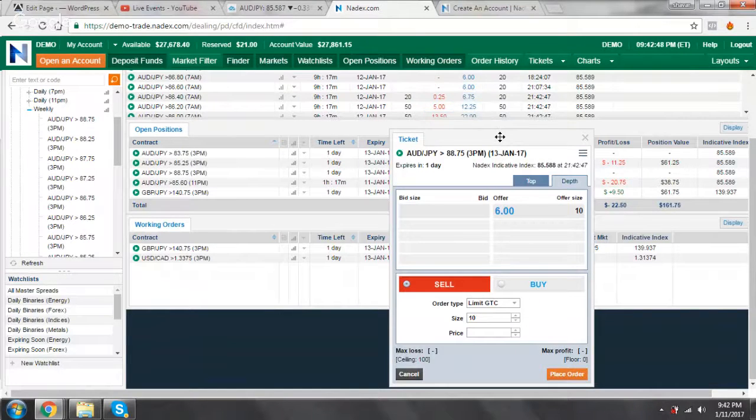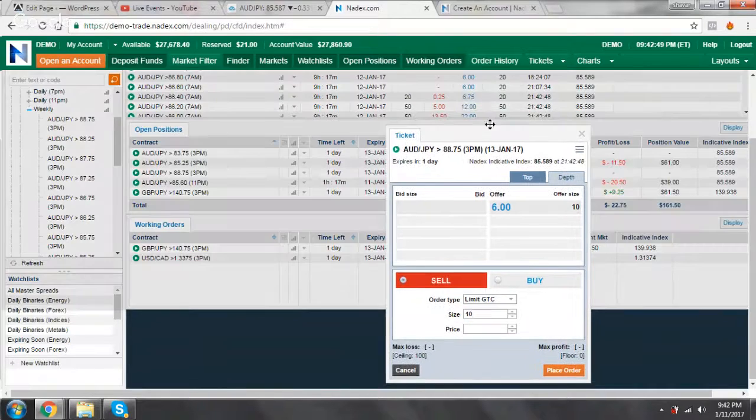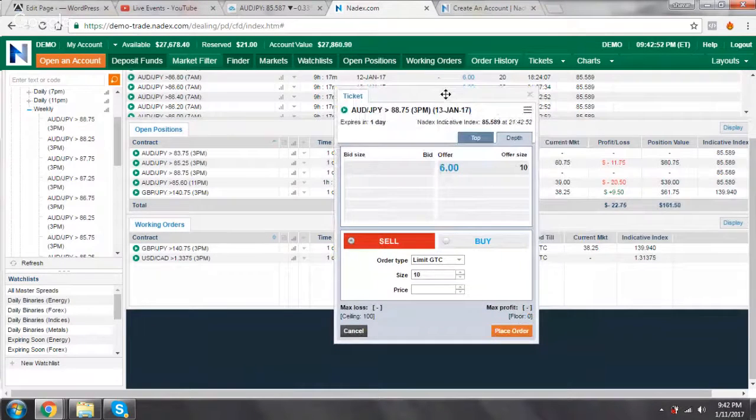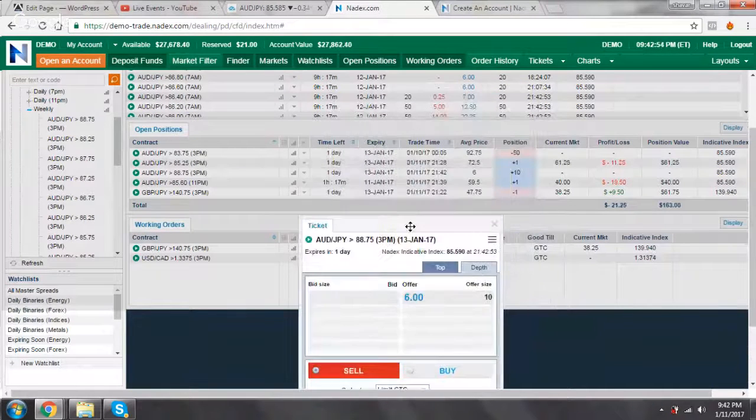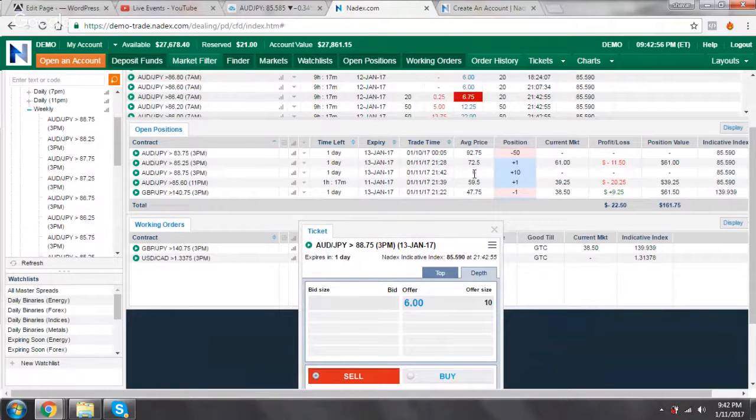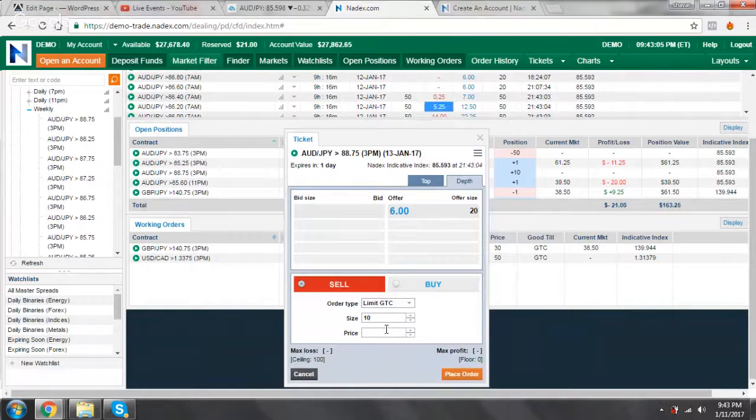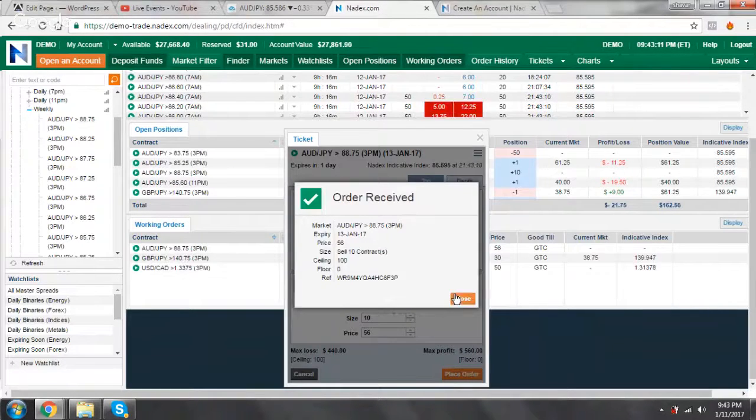Now I said set a take profit of $50, right? You could come up here and see what you spent. Where it says average price, that's what you spent to purchase this contract. 50 plus 6 is 56. Place order.